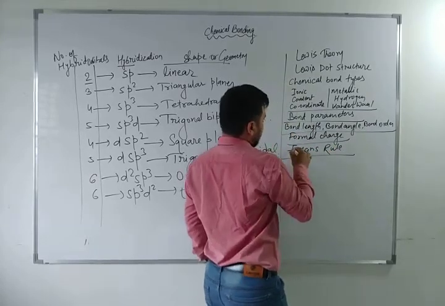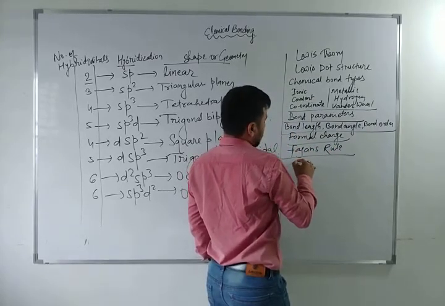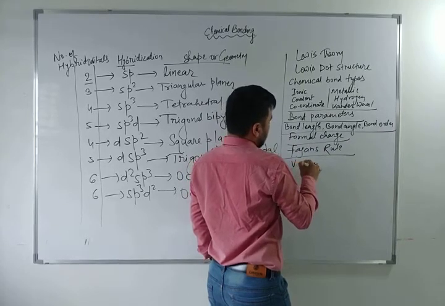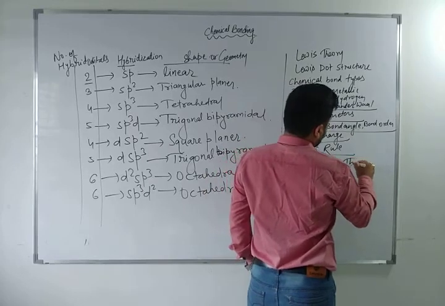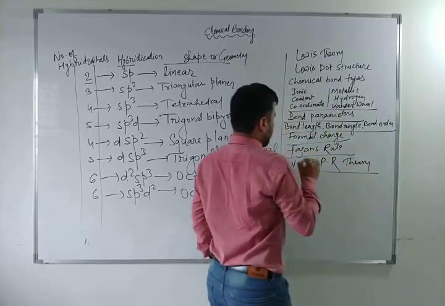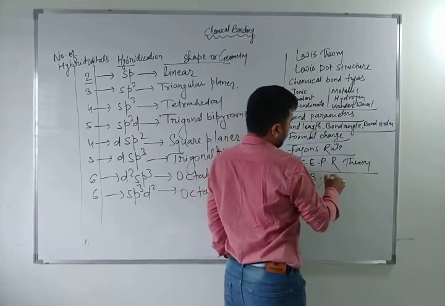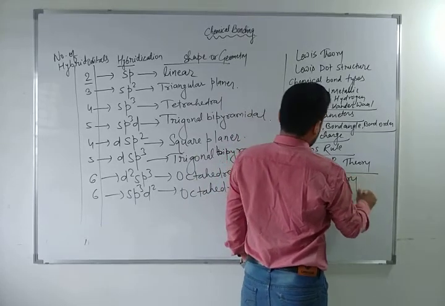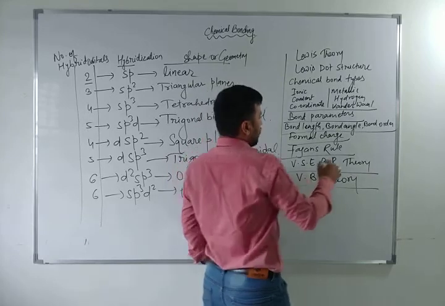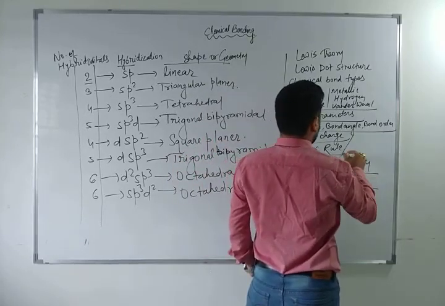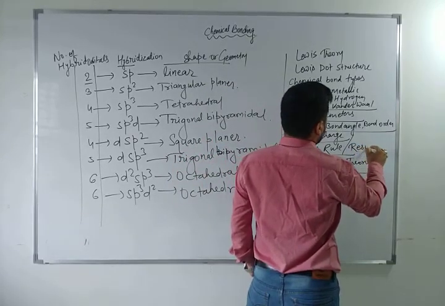Okay. After then valence shell electron pair repulsion theory. After then valence bond theory. After then we have one more thing here: Fajans rule and resonance.